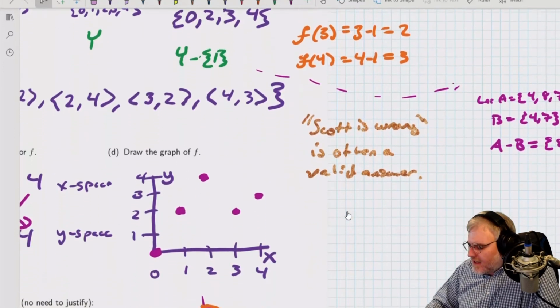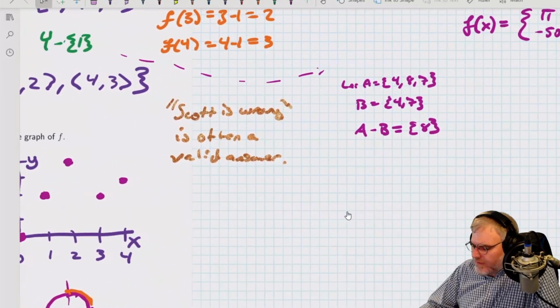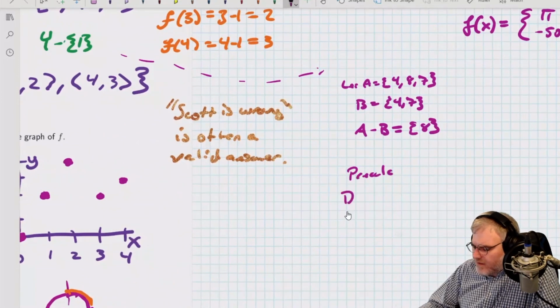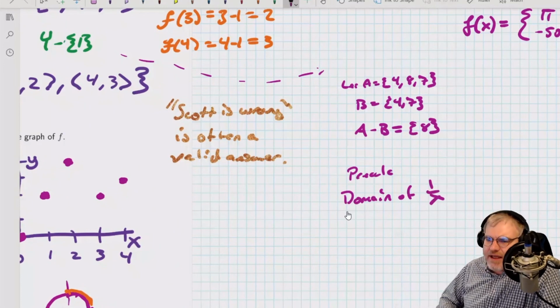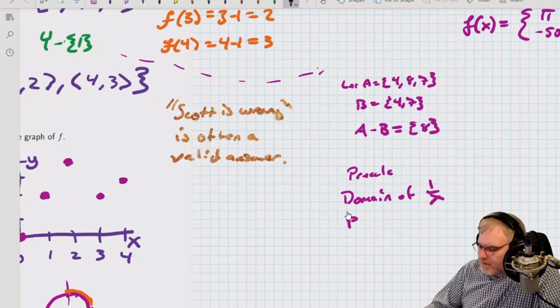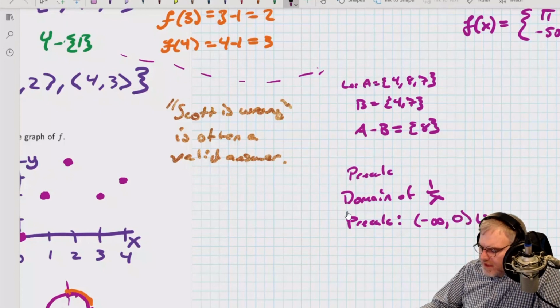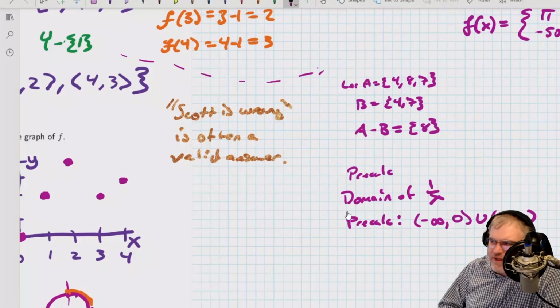Here's one from pre-calc, right? The domain of 1 over x. The pre-calc answer is negative infinity to 0, union 0 to infinity. Does everyone remember that?